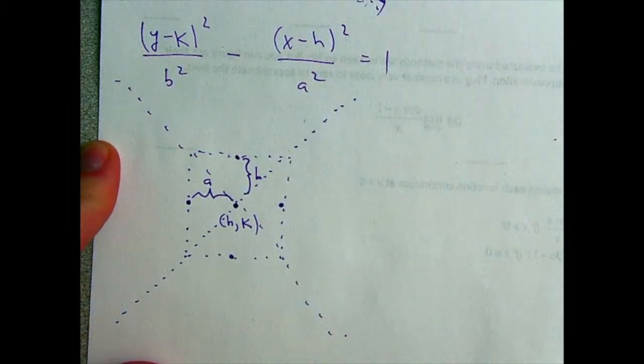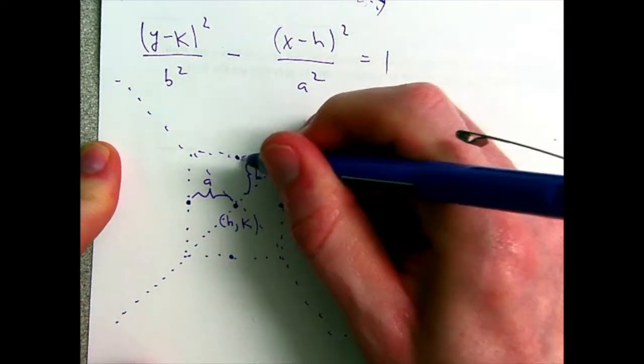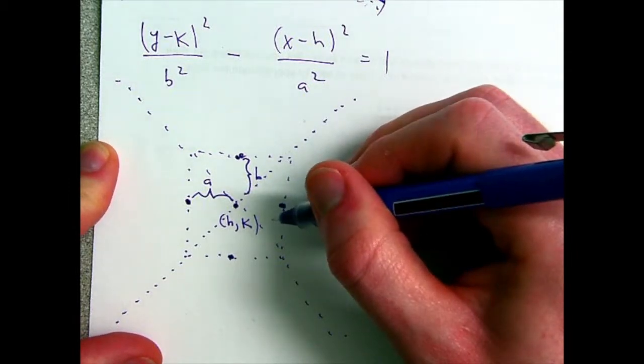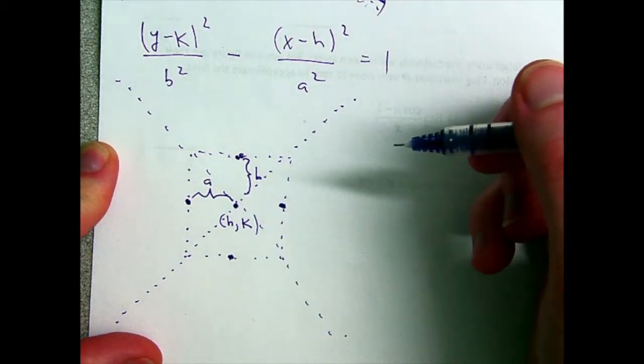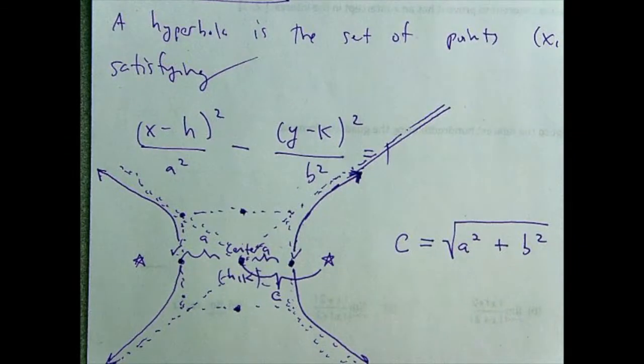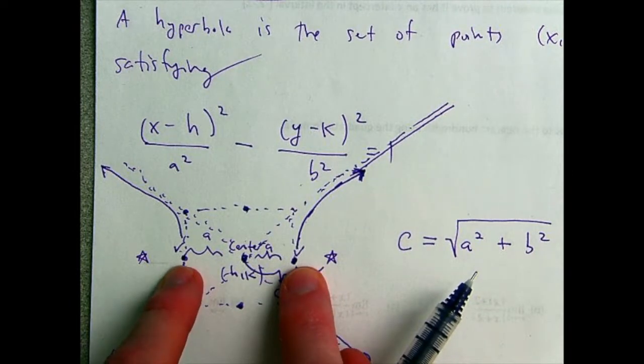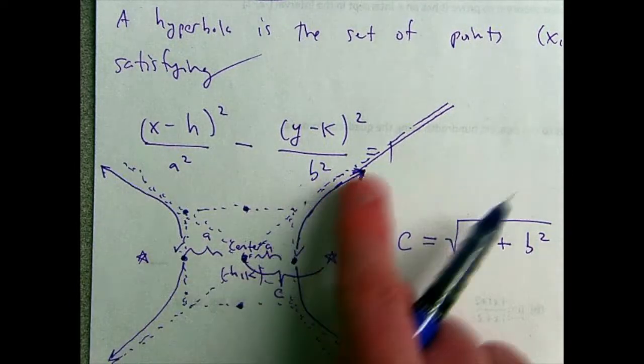Now, I want to re-emphasize a point that I made last time. Even though I've drawn these four points, up, down, left, and right, technically only two of them are considered vertices in the case of hyperbolas. In the first formula, the points to the left and the right of the center were called vertices, and the graph went through those two points.